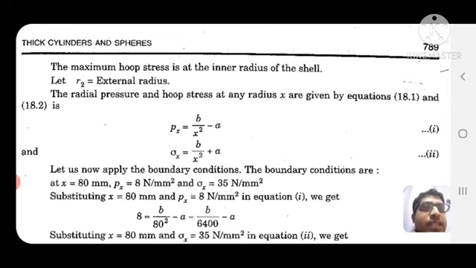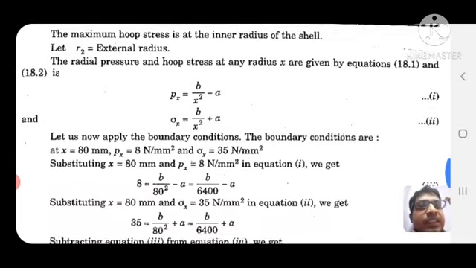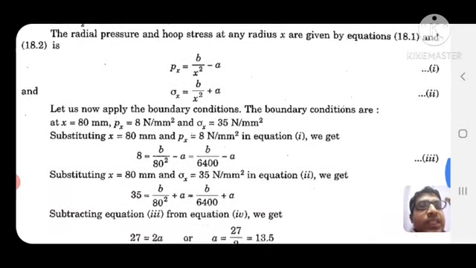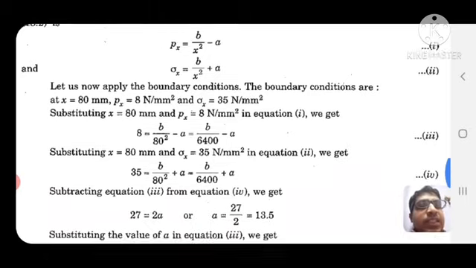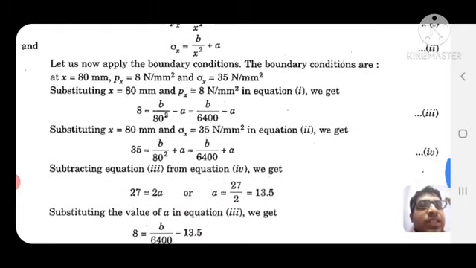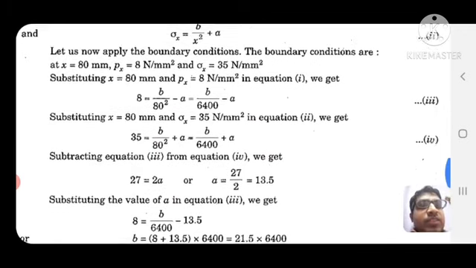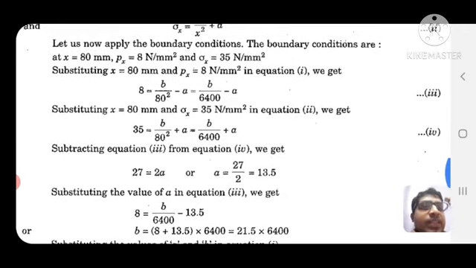So Px equal to B by x square minus A. Sigma x is equal to B by x square plus A. Now let us apply the boundary conditions. The boundary conditions are x equal to 80 millimeter, Px equal to 8 Newton per millimeter square, and sigma x is equal to 35 Newton per millimeter square.